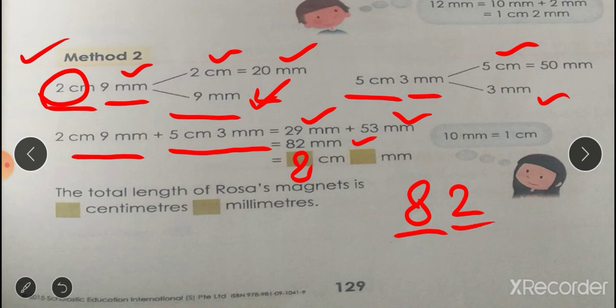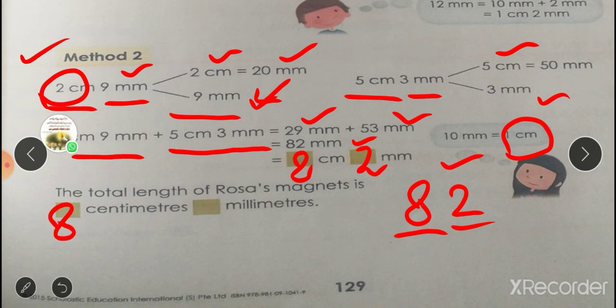There are only 2 ones, so there are 2 millimeters. So if we convert 82 millimeters into centimeter and millimeter, the answer would be 8 centimeter and 2 millimeters, as we know that 10 millimeter equals 1 centimeter. So the total length of Rosa's magnet is 8 centimeter and 2 millimeters.